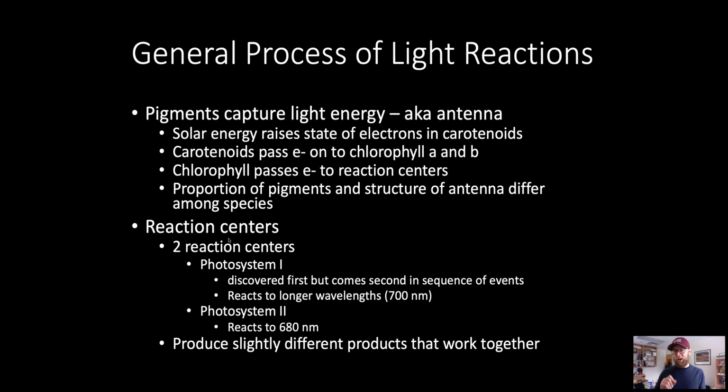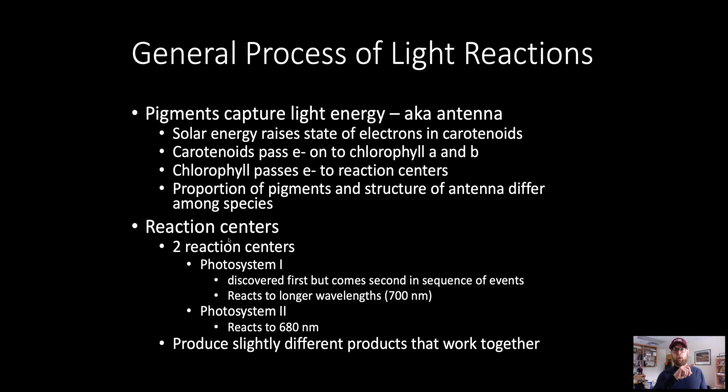Photosystem 1 was discovered first, that's why it's called photosystem 1, but it actually happens second in the process. So that's why it's a little confusing, and that's why it was further right in that diagram. It reacts most strongly to wavelengths of 700 nanometers. Photosystem 2 reacts at 600 nanometers.